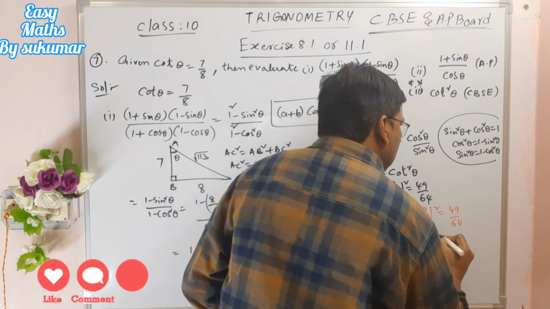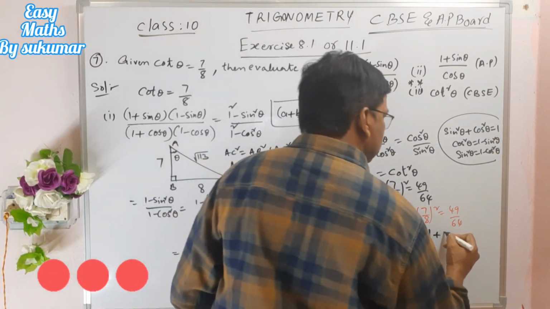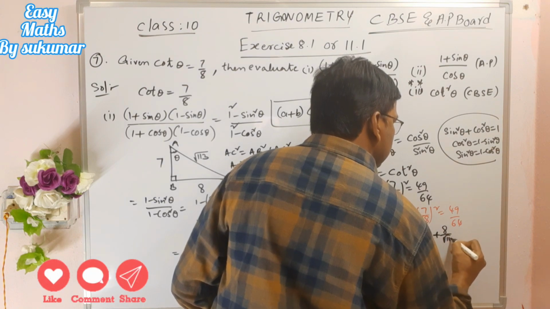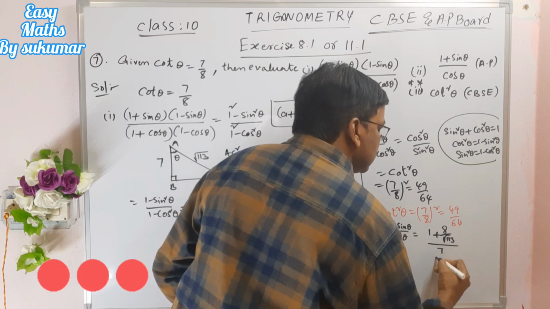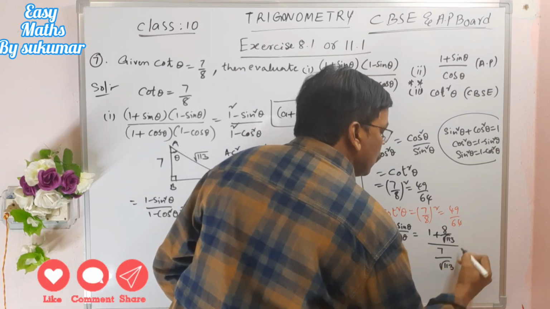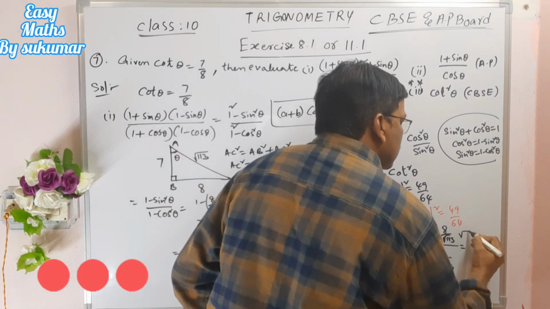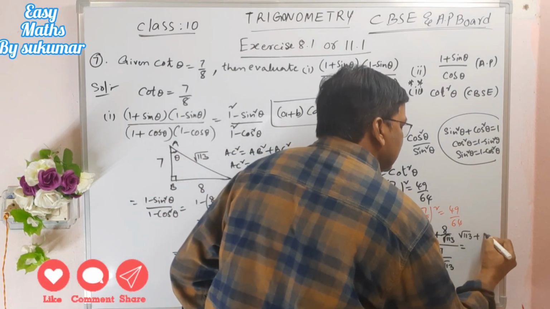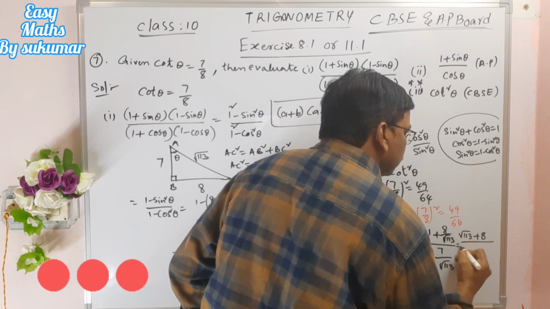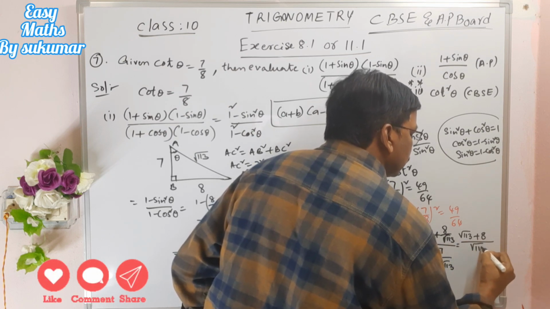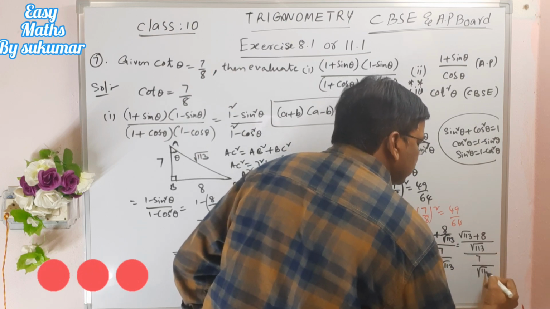That means 1 plus, what is sine theta from here? 8 by root 113. 8 by root 113 by cos theta means what? 7 by root 113. Okay, my dear students. So this is equal to root 113 plus 8 by root 113 by 7 by root 113.